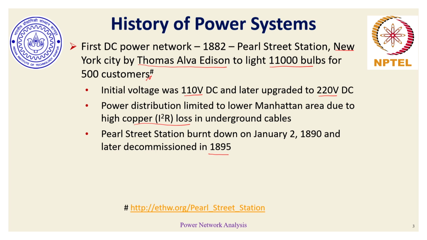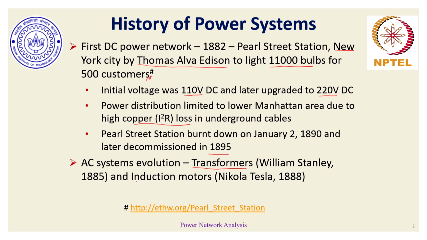Another reason why the DC network set up by Thomas Alva Edison probably lost its purpose of supplying electrical power was that, in the meantime, AC elements, specifically transformers and induction motors, had their concept, their idea, come in, thanks to William Stanley and Nikola Tesla.